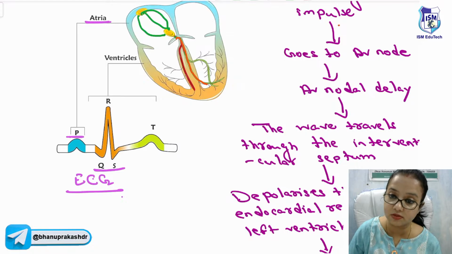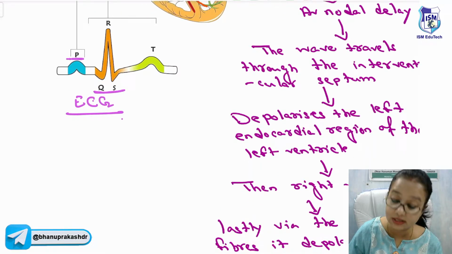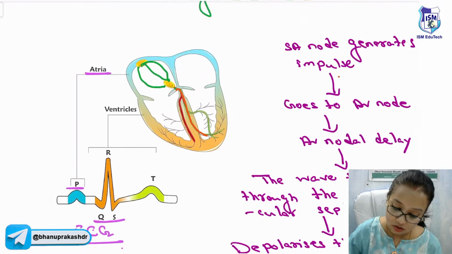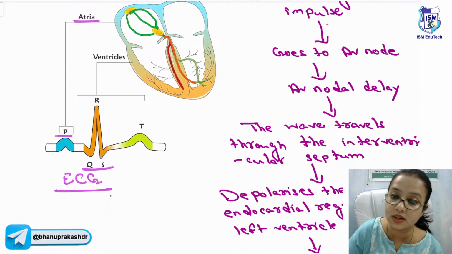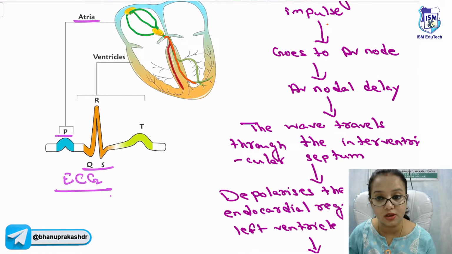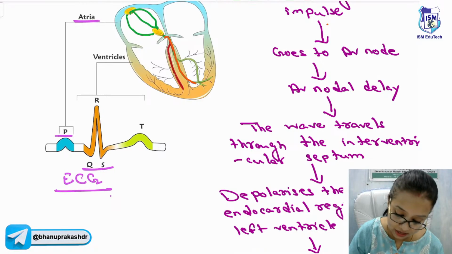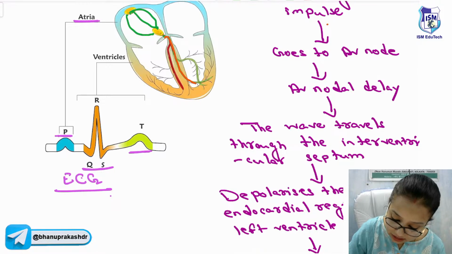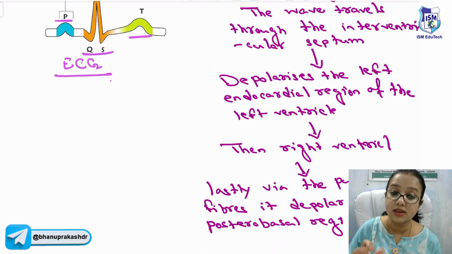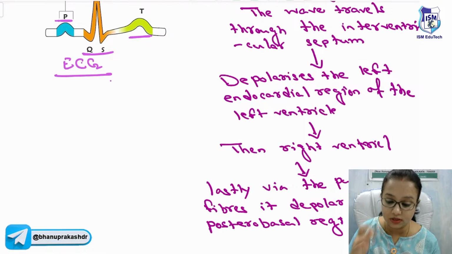Details about the waves we will study in the next lecture in the ECG section. When the maximum two-thirds of the ventricle undergoes the wave of depolarization, we get this QRS complex, and lastly, the T wave signifies the repolarization of the ventricle.